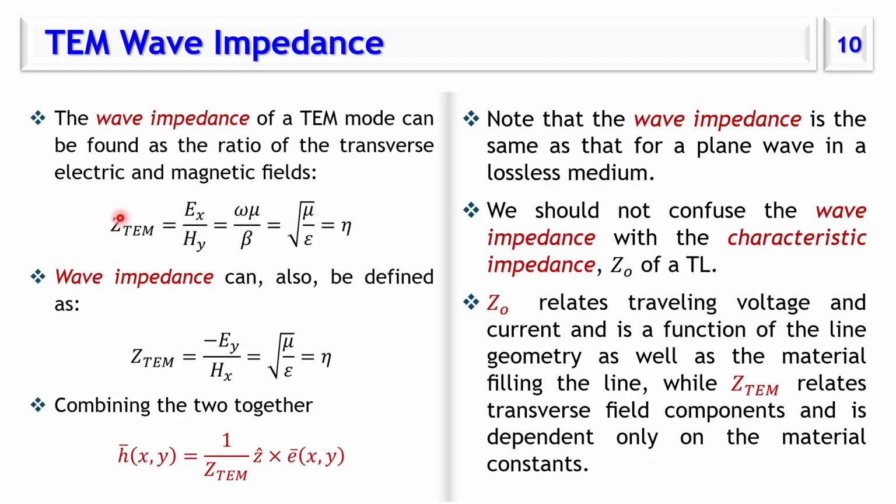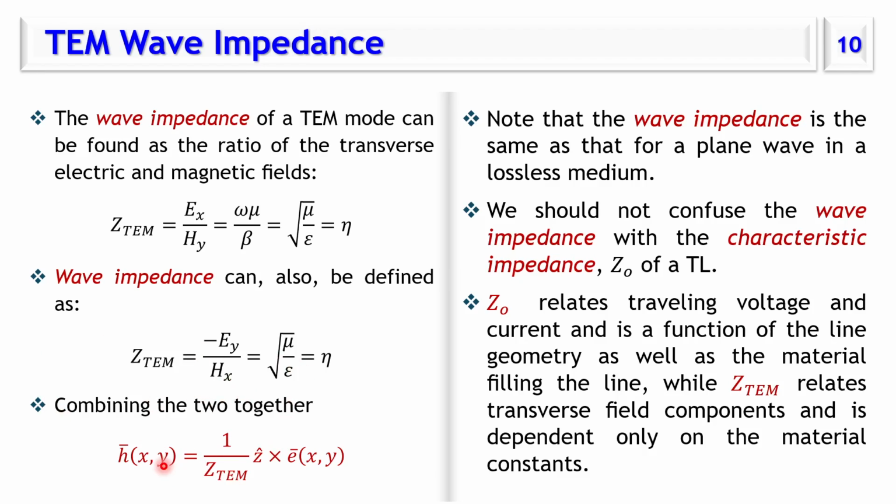So ZTEM, the wave impedance, is the same as the intrinsic impedance of the dielectric filling the waveguide. So it is Ex over Hy, or minus Ey over Hx.